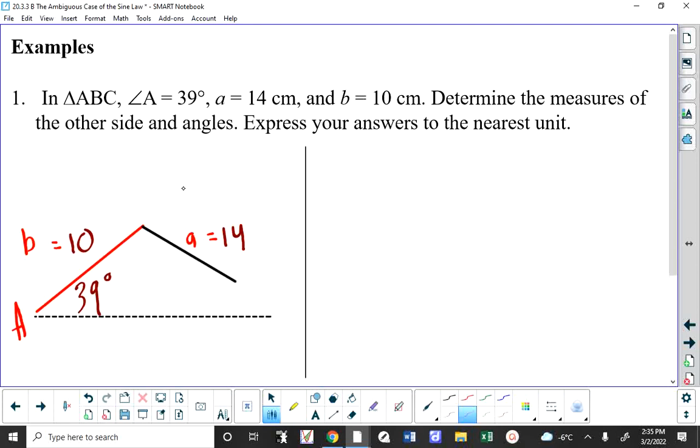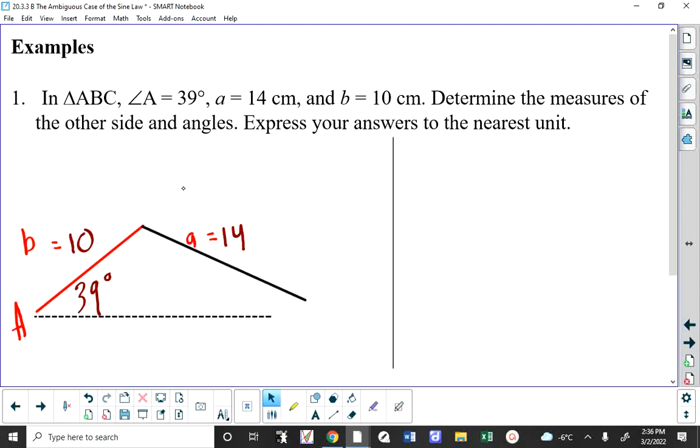Since this picture we're looking at is the setup, you have to find out which of those 4 cases we're dealing with. Well, A is definitely bigger than B, isn't it? Would you agree? So that means this is a case where you're only going to have one triangle. As soon as you know A is bigger than B, you will know you only have one triangle.